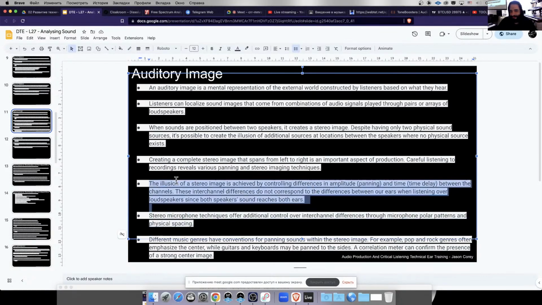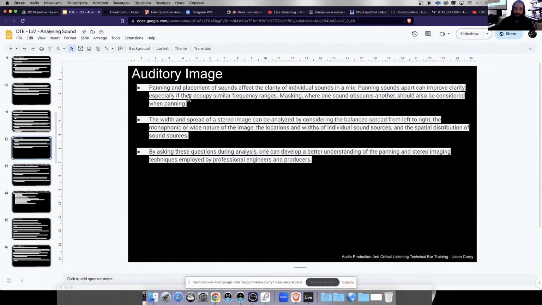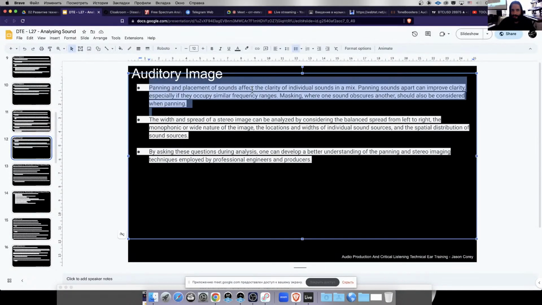So here the author describes how you achieve this illusion of stereo. We discussed it before. Stereo microphone techniques can give you more control over it. Different music genres have different conventions of how to pan things, so this is all going to change depending on the genre. Panning and placement of sounds affects the clarity of an individual element in the mix.